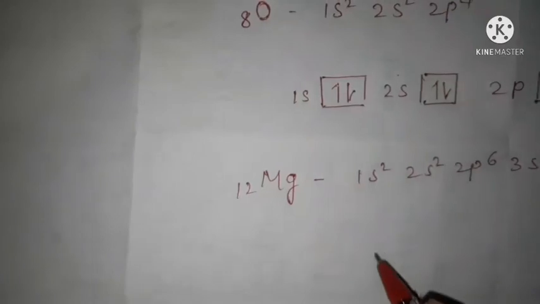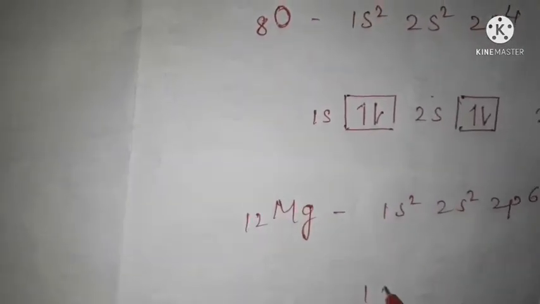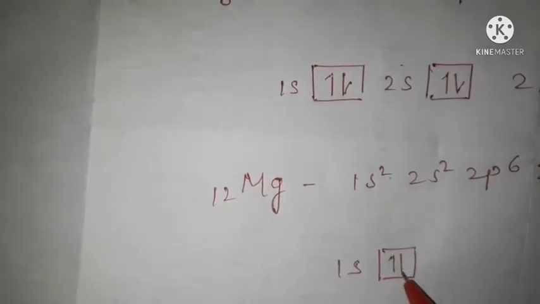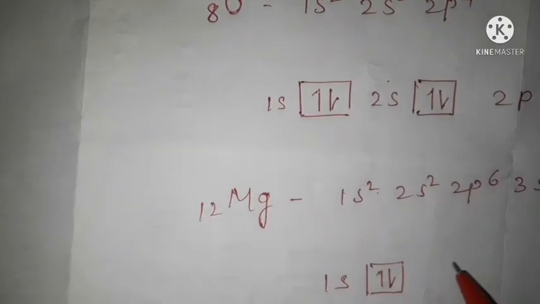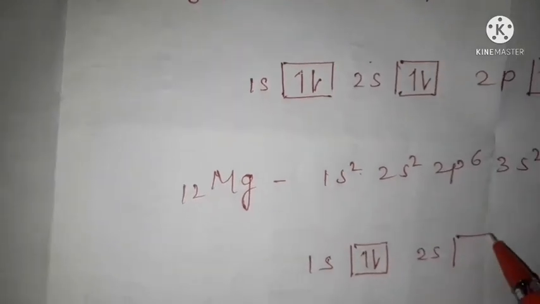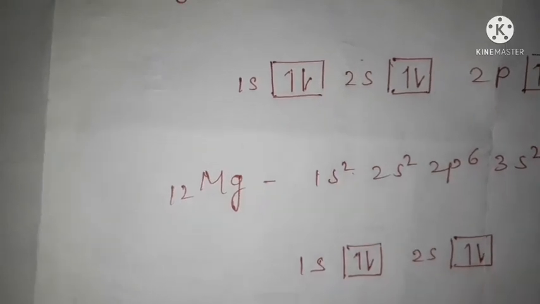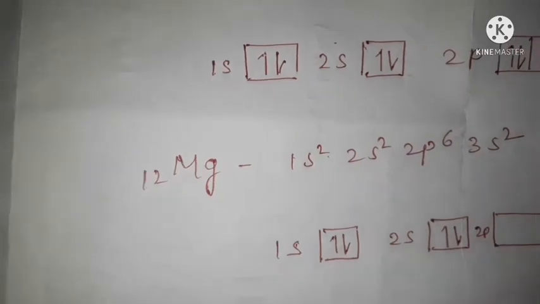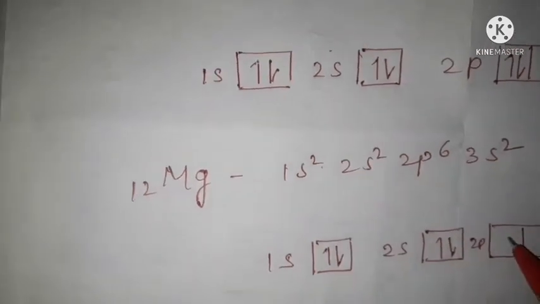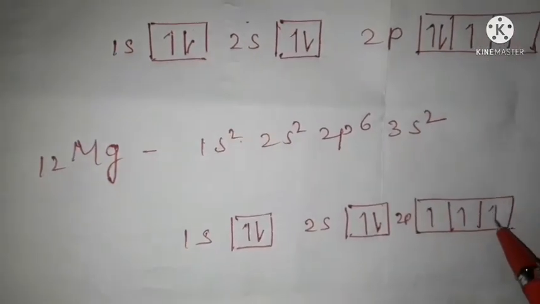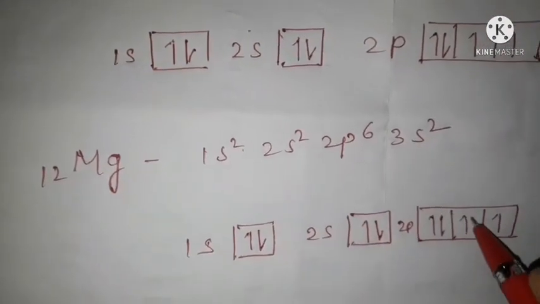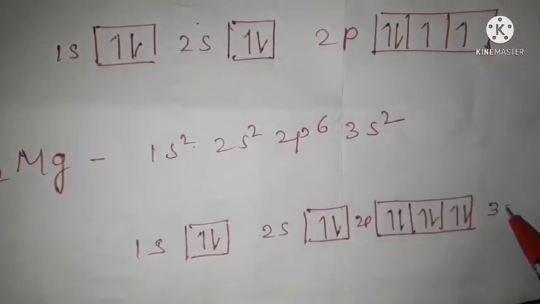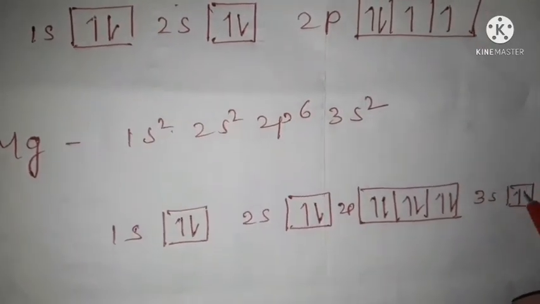Now 1s has 2 electrons filled. 2s also has 2 electrons filled, and 2p has 1, 2, 3, 4, 5, 6 electrons filled, and last, 3s has 2 electrons filled.